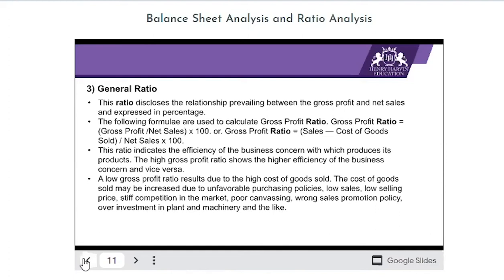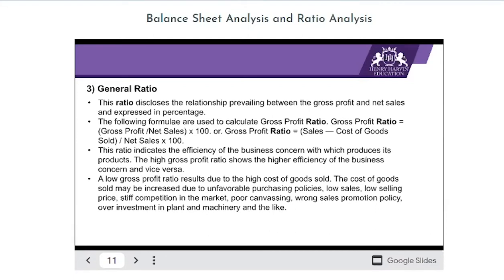A high GP ratio, gross profit ratio, indicates that the business is performing efficiently, that the business is doing good, it is making profits.